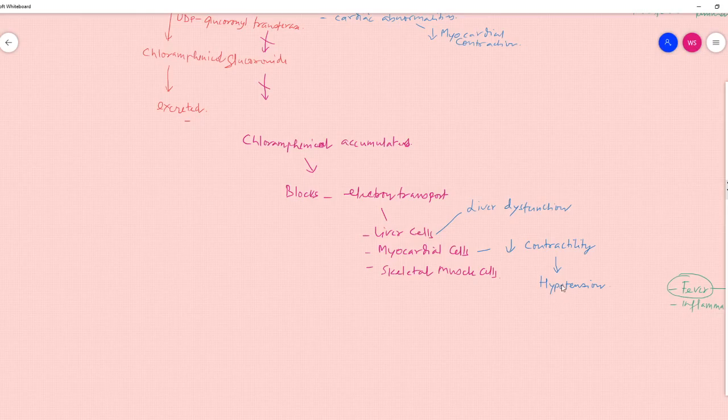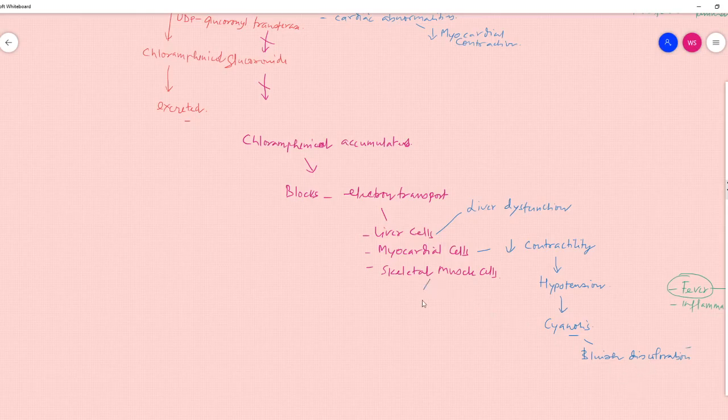Now, if there is no blood being pumped, there is no oxygenation, and if there is no oxygenation, there will be cyanosis, which is the bluish discoloration. That is characteristic of Gray baby syndrome.